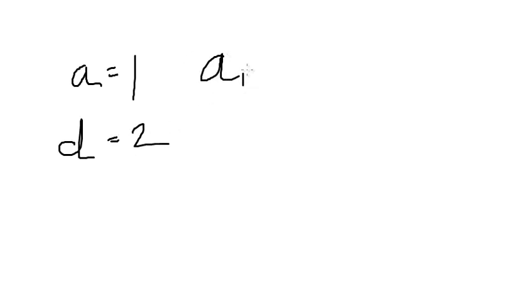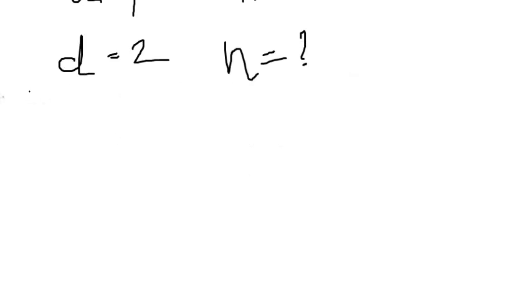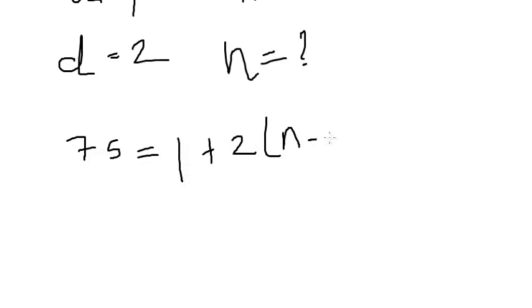As per the question, the first term A is equal to 1, common difference D is equal to 2. The last term AN is 75. And finally, our objective is to find N, that is how many terms there are. So if you substitute that in the equation, we have 75 is equal to 1 plus 2 into N minus 1.